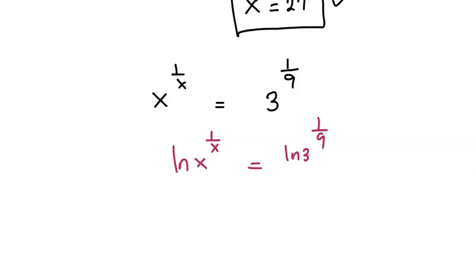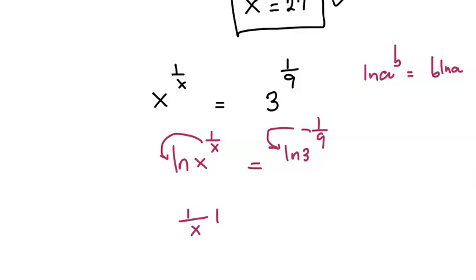With this property of natural logarithm, the natural log of a to the power of b is equal to b multiplied by the natural log of a. So this power comes down here, right? And this power comes down here. So this will become 1 over x times the natural log of x, equal to 1 over 9 times the natural log of 3.